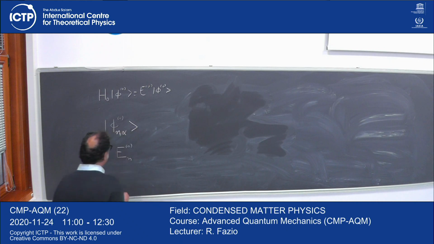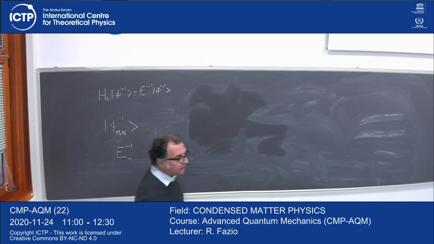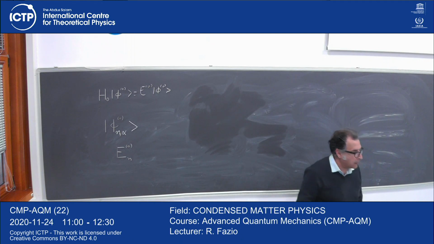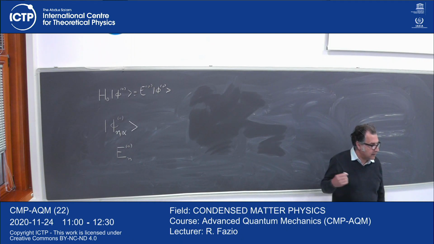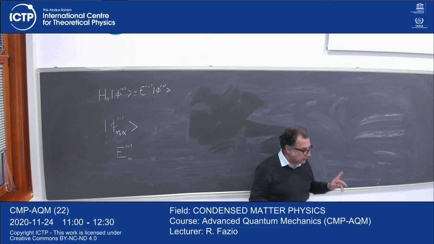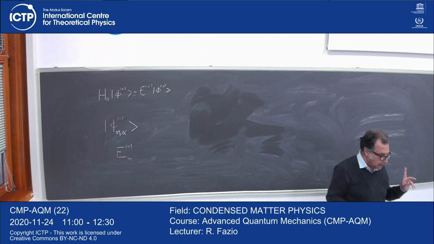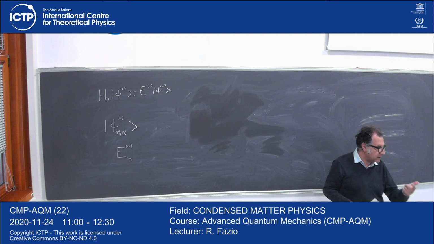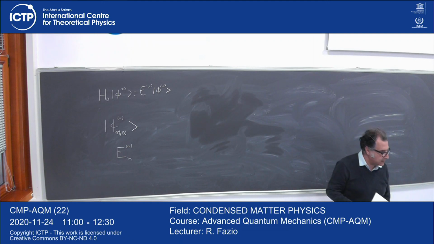Now, suppose that we would like to apply the formulas that we gave a few days ago to the case in which we have a perturbation. You remember that in the second order perturbation theory, there were denominators, which were energy differences between two different states.